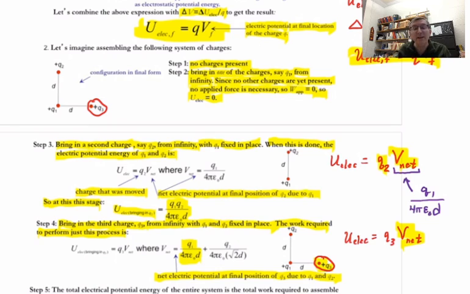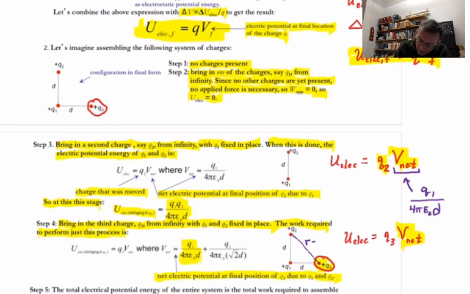Because particle 3 is a distance d from particle 1. Now, what's the contribution to the potential at particle 3's location from particle 2? That will be Q2 over 4 pi epsilon 0 r, where that's the r, right? For Q2, that's the distance from Q2 to where particle 3 is.